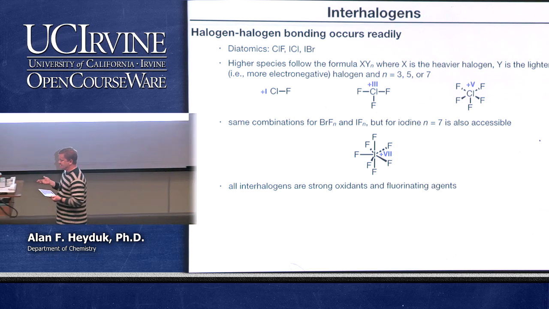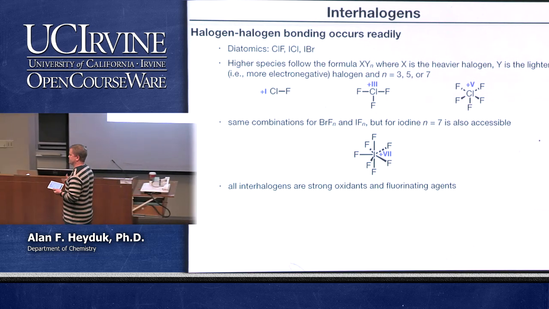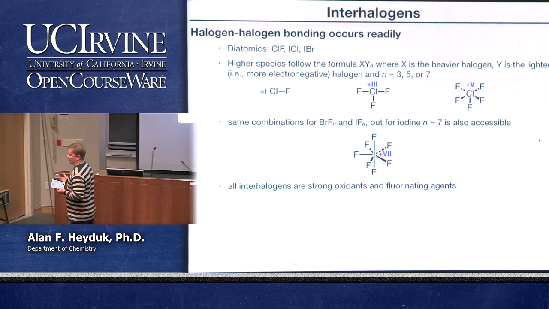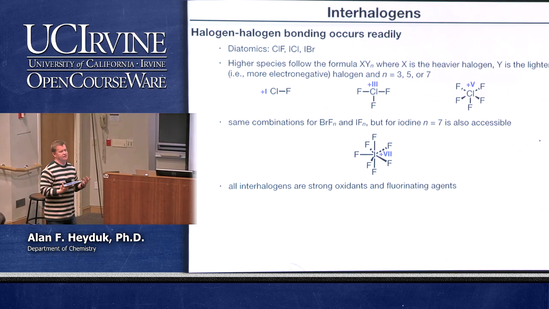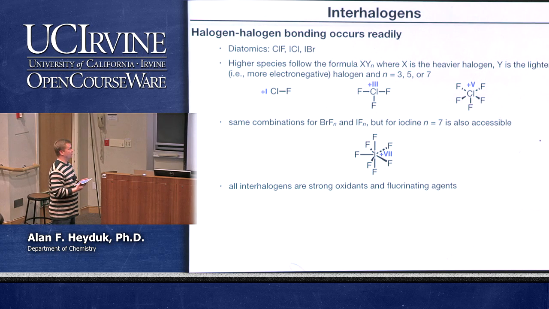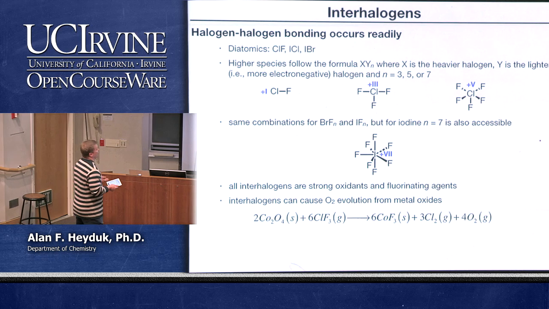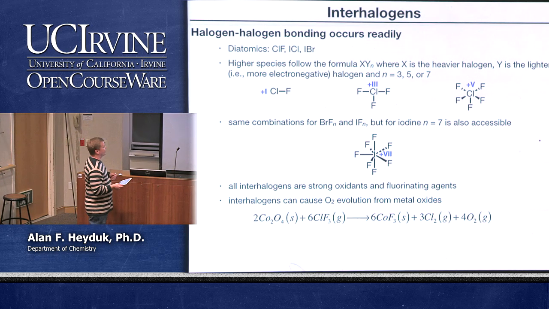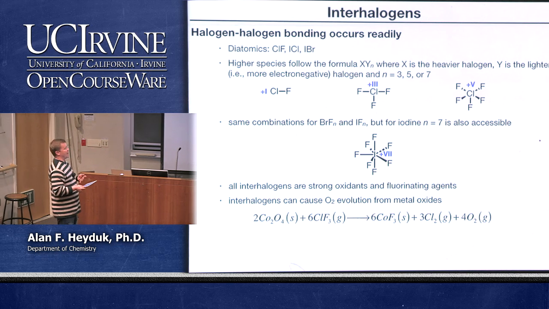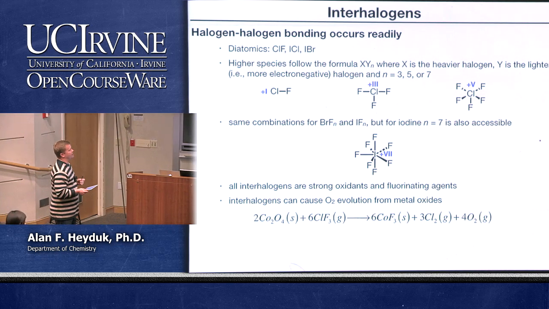Okay, as you might suspect, even though fluorine can oxidize these halogens and reach these ridiculously high oxidation states for the halogen atoms, they're all still very reactive, and they tend to be fluorine transfer reagents. And so in some cases, you can even use these interhalogens to oxidize metal oxo complexes and give off oxygen. So cobalt oxide reacts with the chlorine trifluoride gas.